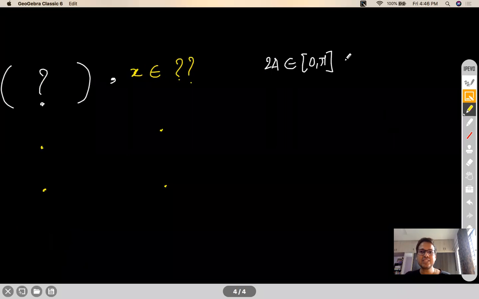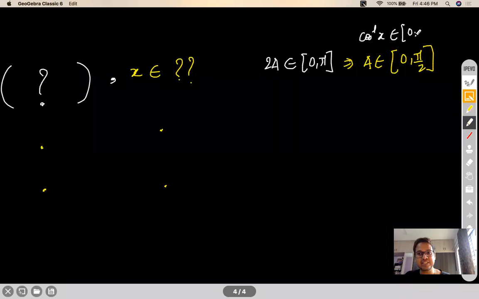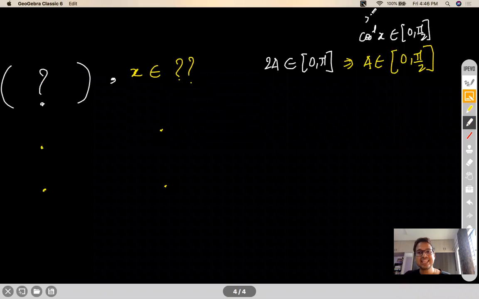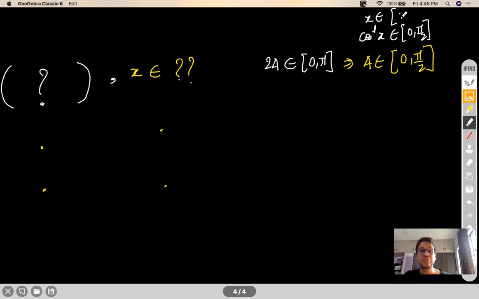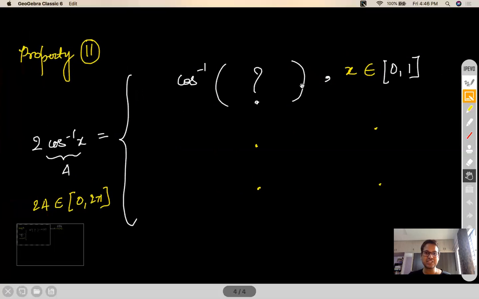So when you say 2a is between 0 to pi, which means a is between 0 to pi by 2, and a is what? A is cos inverse x. So cos inverse x is between 0 to pi by 2. So x is between 0 to 1. Correct? So 0 to 1, your formula will come out to be, now all of you, what is the answer to this question mark?